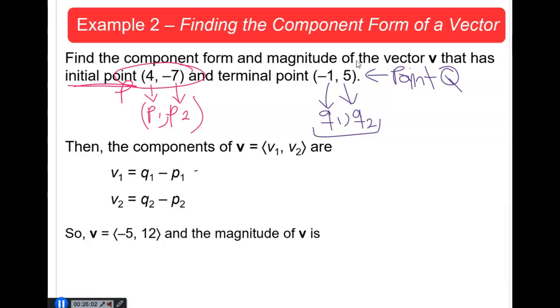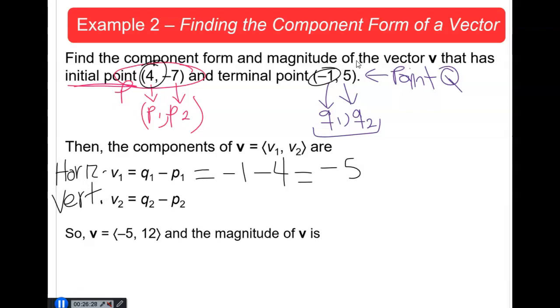So now the first operation will be to find the horizontal component. That will be Q sub 1, which is -1, minus P sub 1, which is 4, and that will equal -5. And now we do the same for the vertical component of the vector.